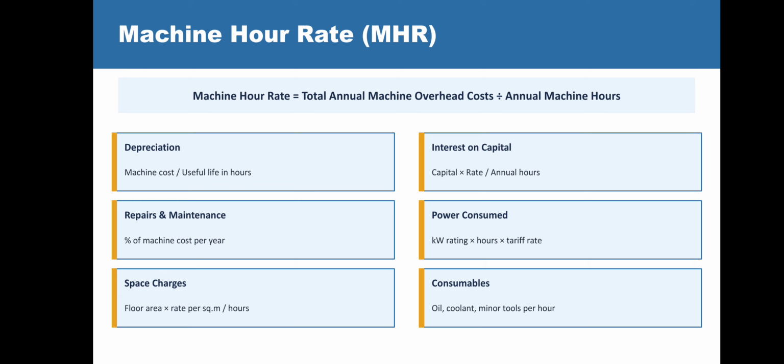Space charges means floor area into rate per square meter per hour. The interest on capital means capital into rate per annual hours. Power consumed is calculated as kilowatt rating into hours into tariff rate. Consumables means oil, coolant, minor tools per hour, etc. Hence all are included in the machine hour rate.